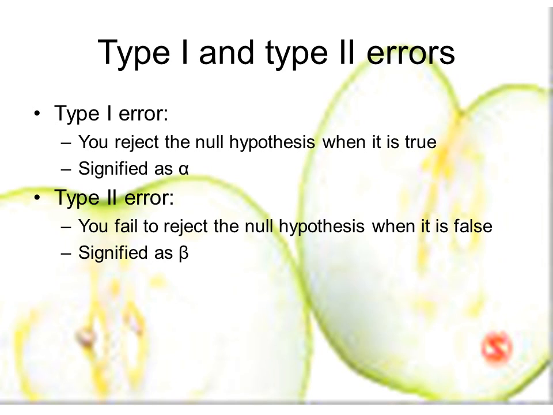So type 1 and type 2 errors, we talked about this already. You reject the null hypothesis when it's true, and that's signified basically as an alpha.